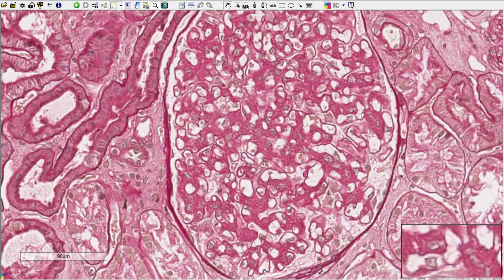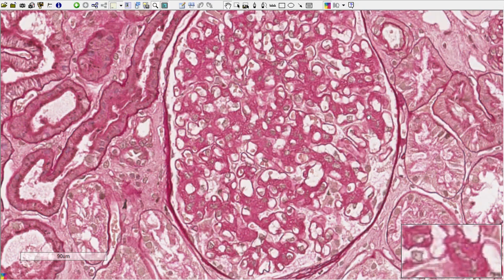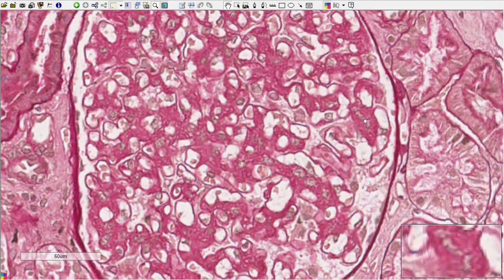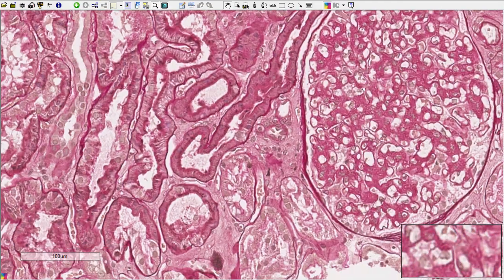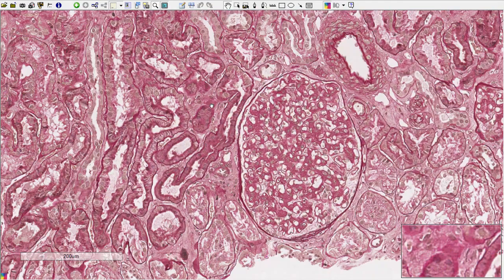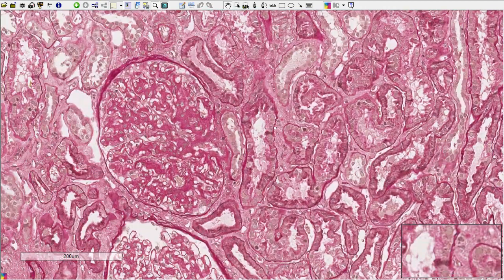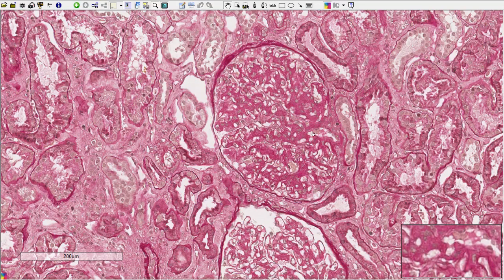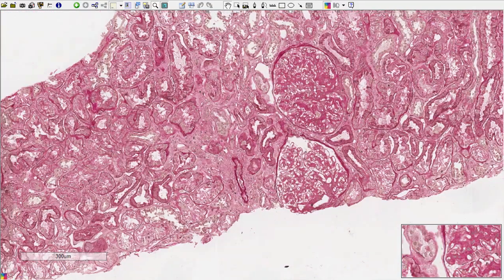Some mesangial areas have more than 3 nuclei, so there is mild mesangial hypercellularity, no endocapillary proliferation so far.